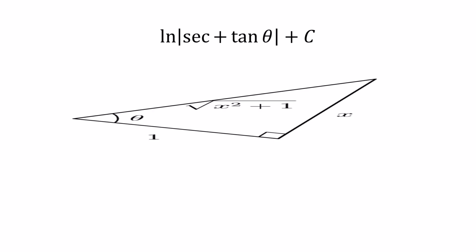Using the triangle, we write everything in terms of x. This gives a final answer of ln absolute value of x plus the square root of x squared plus 1, plus c.